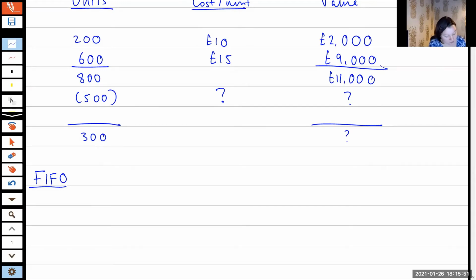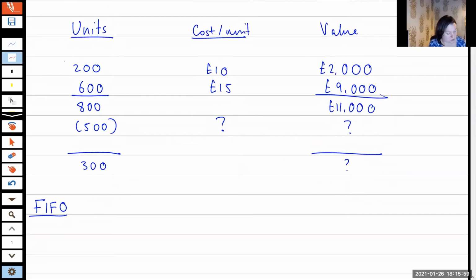So the issue of 500 units under FIFO means first in, first out. So when they issued 500 units, we're going to assume that 200 come from this first issue here. So they used 200 from the first purchase, which cost £10. So we have £2,000 overall.